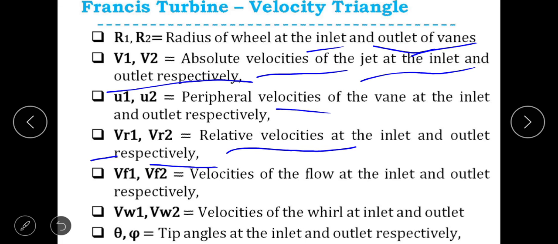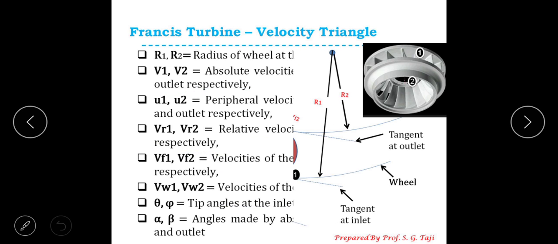VF1, VF2 are the velocities of flow at the inlet and outlet respectively. VW1, VW2 are the velocities of whirl at inlet and outlet respectively. Theta and phi are the tip angles or vane angles at the inlet and outlet respectively.